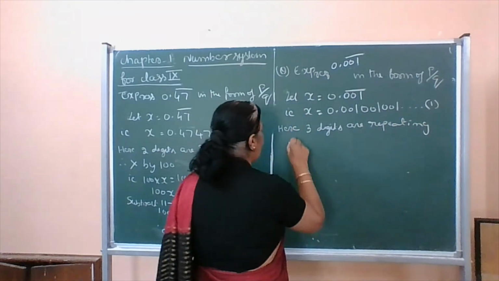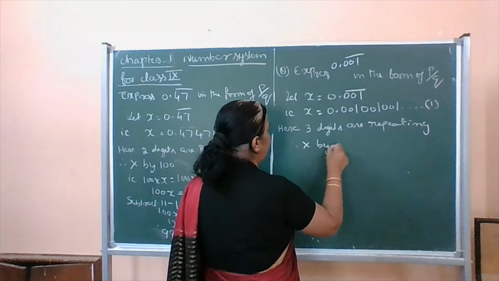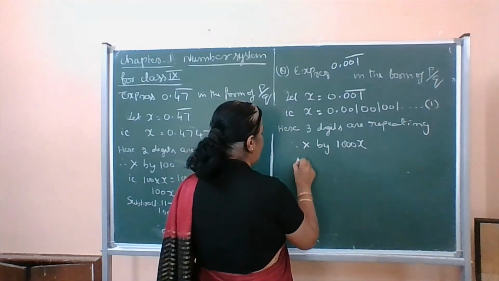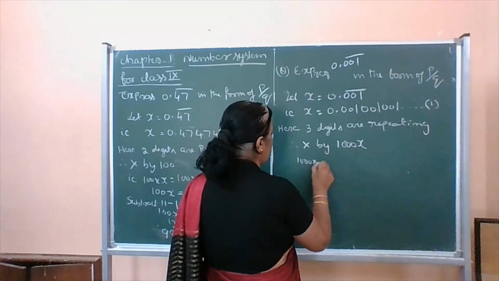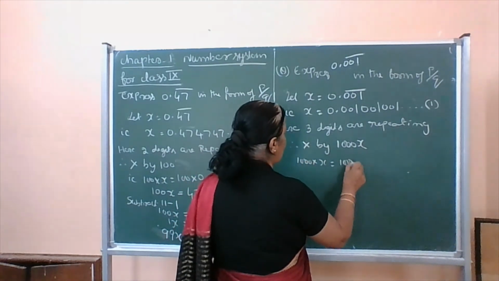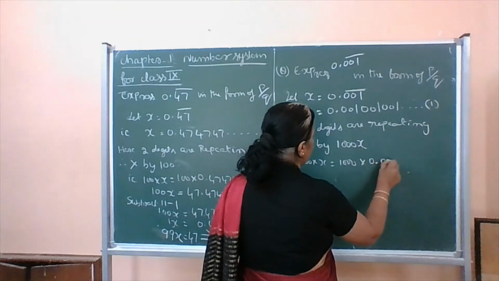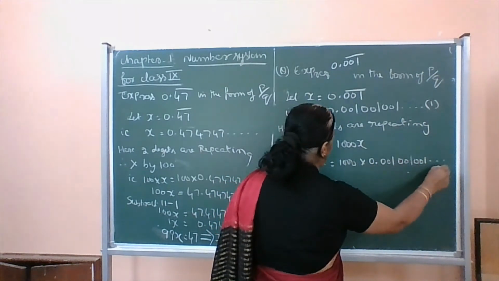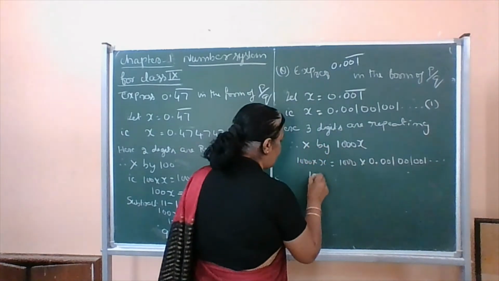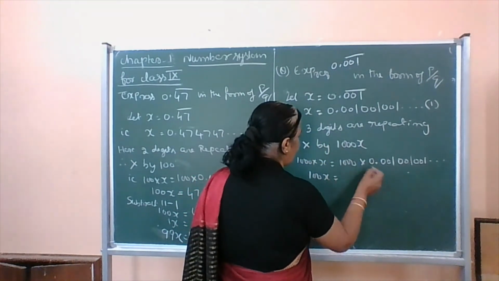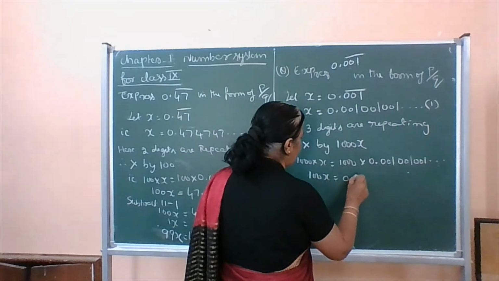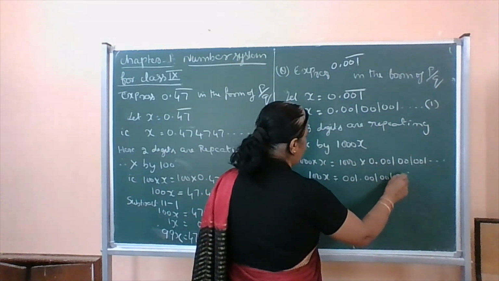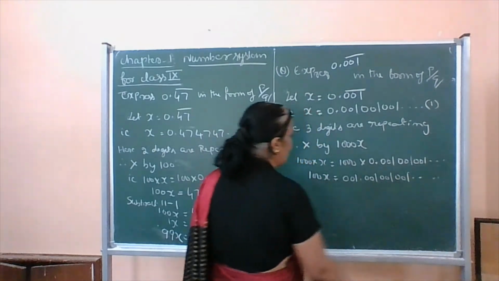Therefore, multiply by 1000. That is 1000 into x is equal to 1000 into 0.001001001 and call this as equation 2. That is 1000x is equal to, 3 digits will shift towards the left hand side, 001.001001, it is repeating.